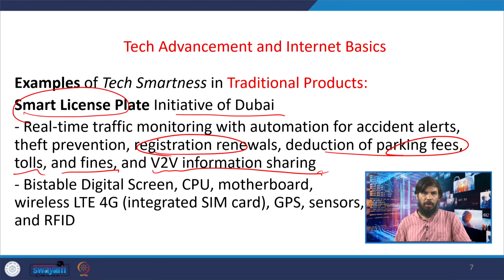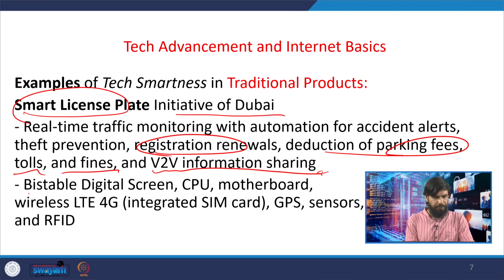Now what are the computing components, how is fast cheap computing facilitating this? Obviously if it was not cheap computing, these kinds of initiatives won't be affordable, right. So the affordability is coming from the cheap computing that is there.